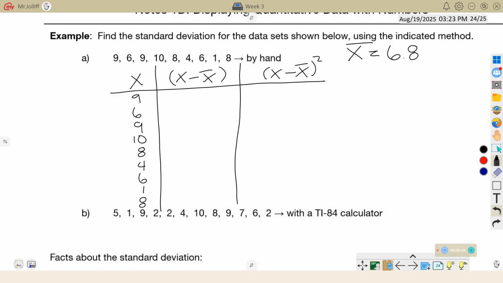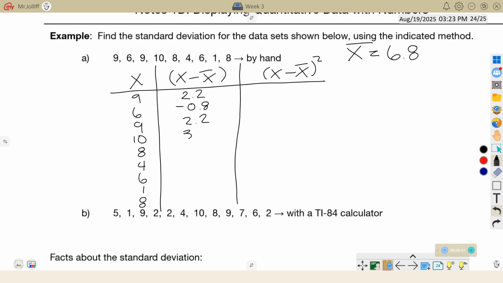So 9 minus 6.8 should be 2.2, assuming I can do math in my head. 6 minus 6.8 is minus 0.8. I get another 2.2.